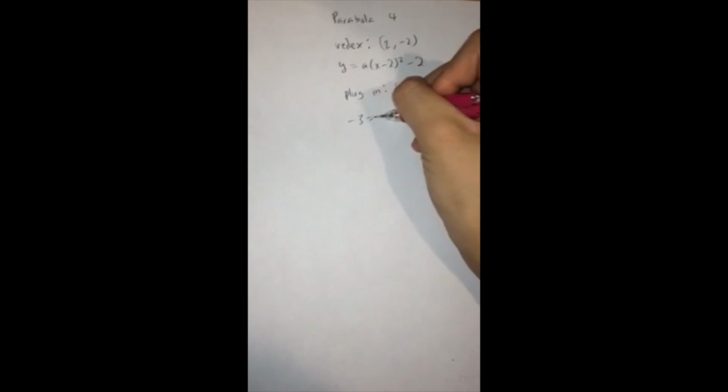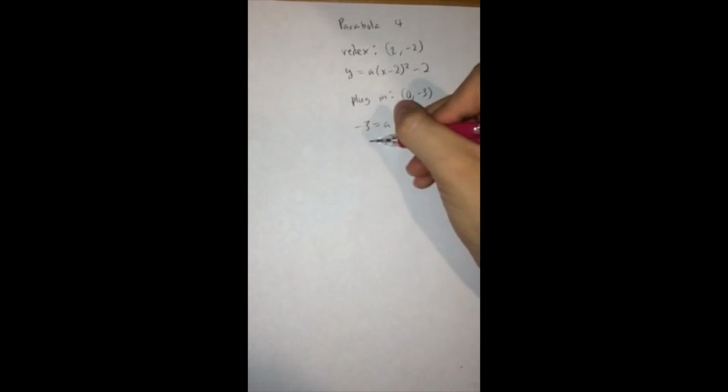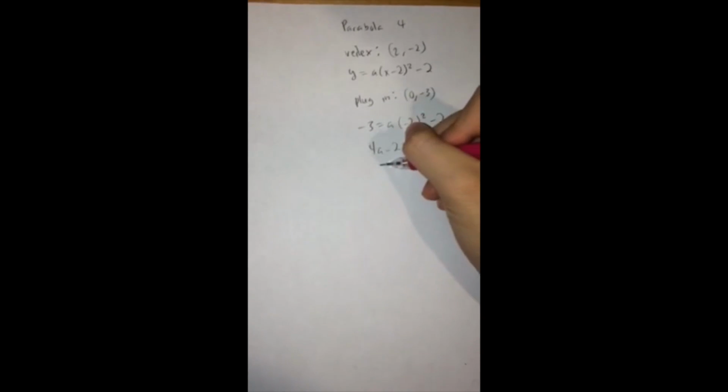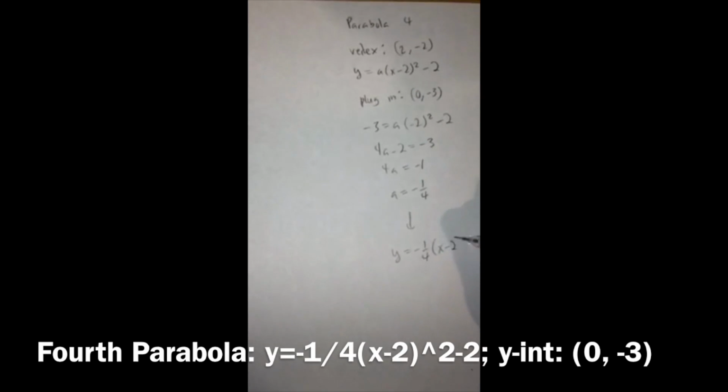Then the point 0, negative 3 was plugged in order to find a. A was equal to negative 1/4, and the final equation was y equals negative 1/4 times x minus 2 squared minus 2.